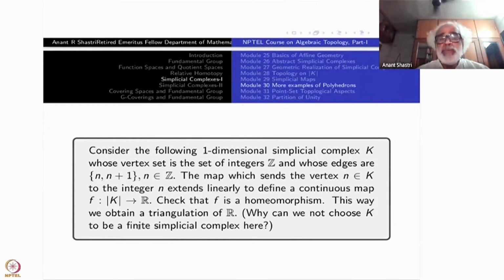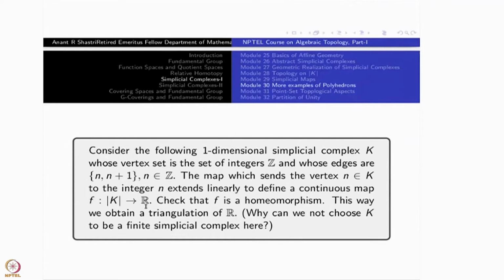So this way we get a triangulation of R. The point here is, this is the first triangulation that we have taken to be infinite. Okay, a genuine example. Otherwise, we had only disks and Δ^n's and so on. Okay. The simplicial complex K could not have been finite, because if this were finite, then it would be compact, whereas R is non-compact.